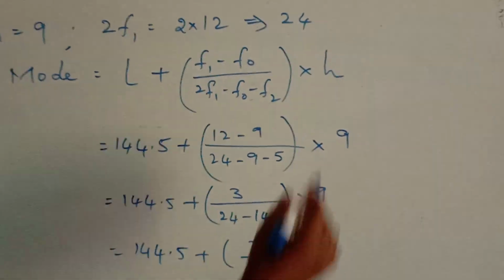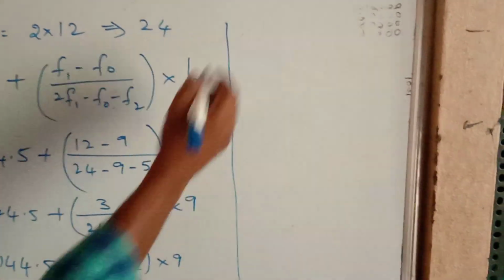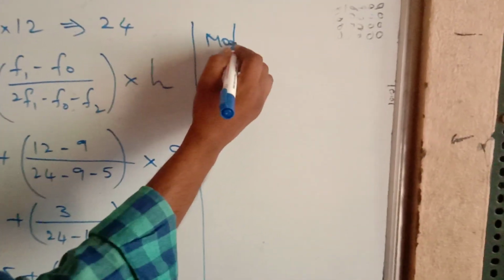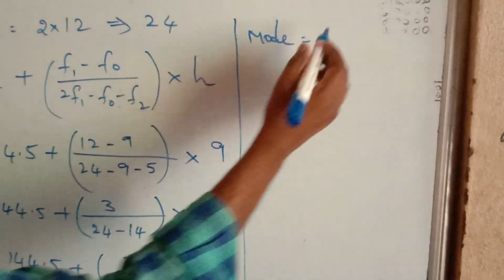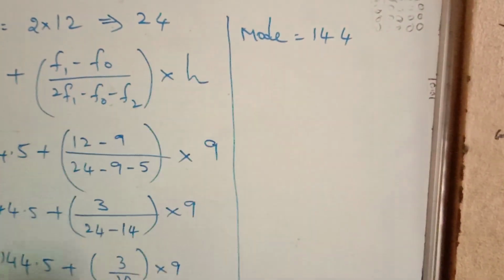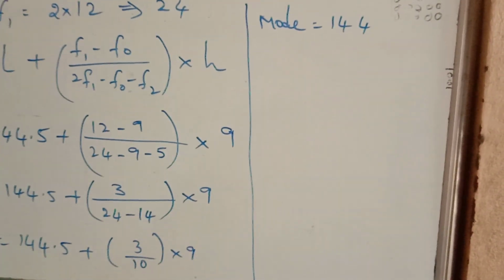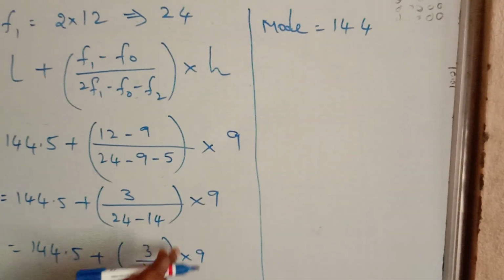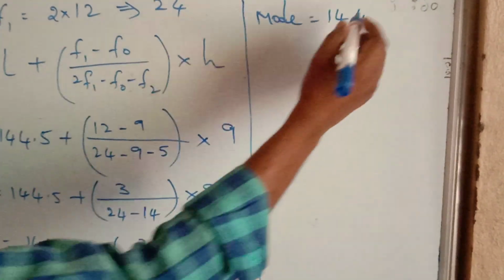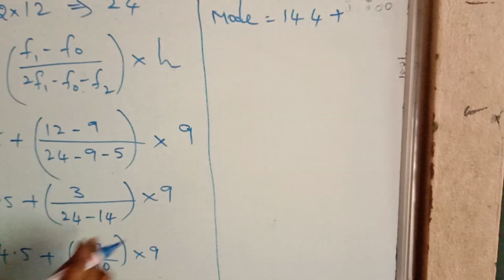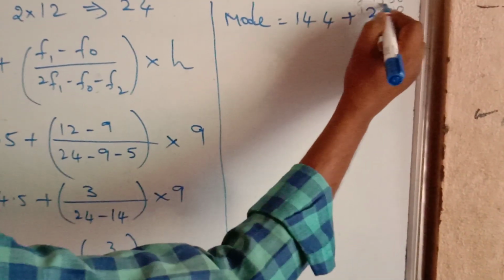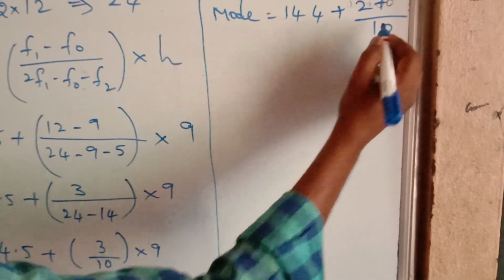Simplifying, if you have any cancellations you can do them, but here there are none, so I'm multiplying 3 nines are 27 by 10.